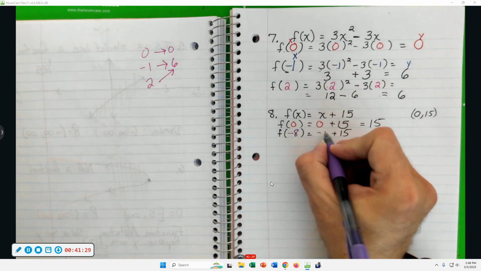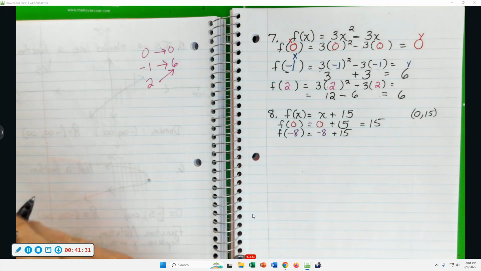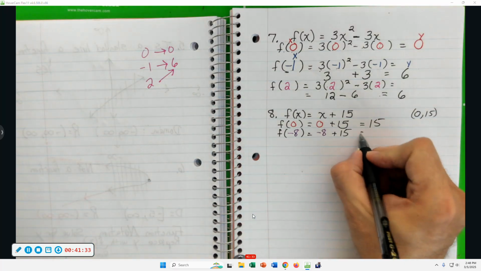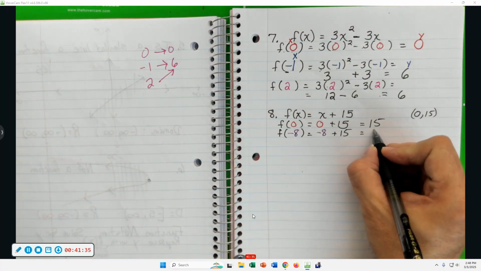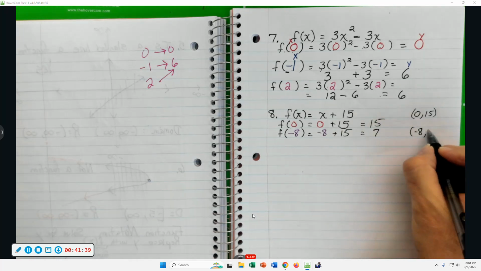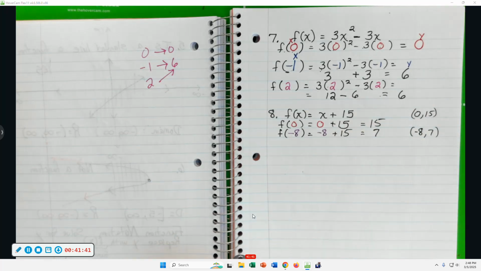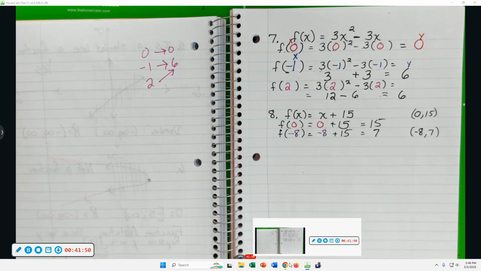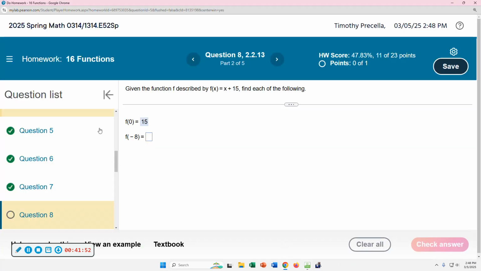So we replace the x with negative 8. What are we going to get? So there's another ordered pair. See, here we have a little formula that we can use to generate ordered pairs. So negative 8, 7, but you just type in 7. Yes.